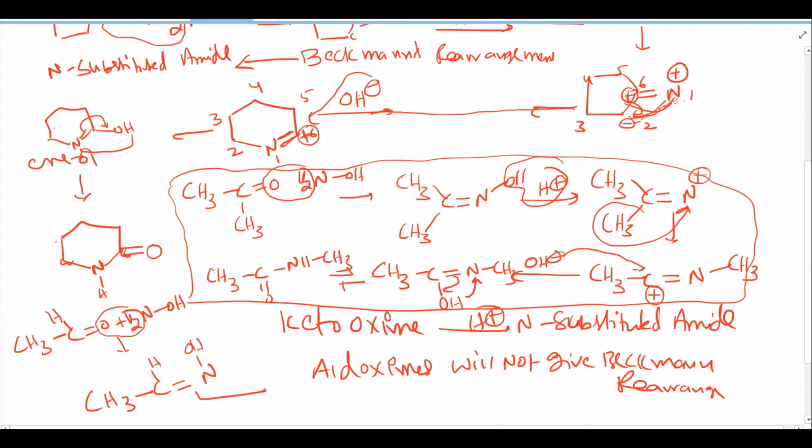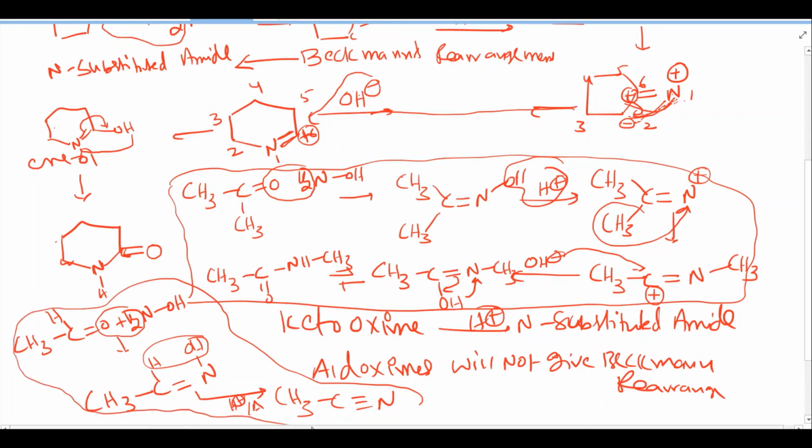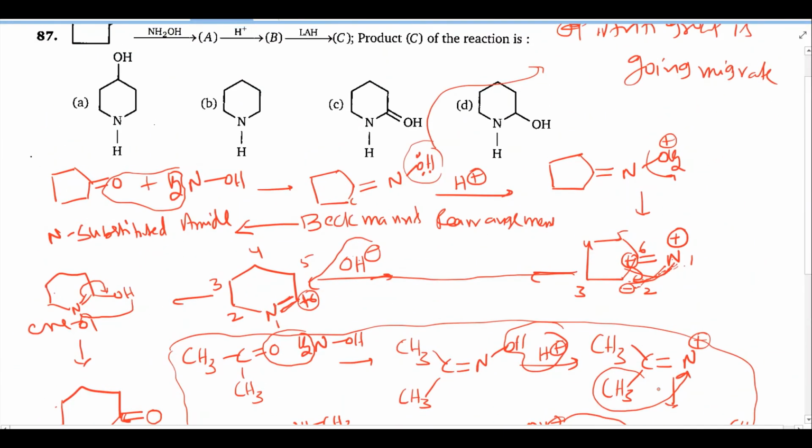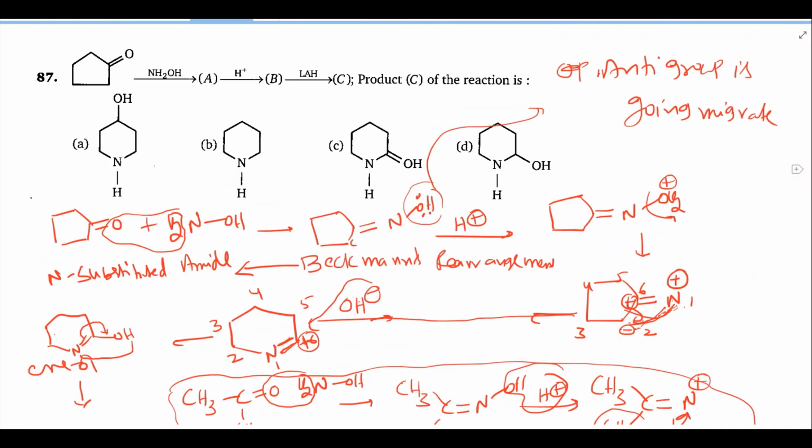This is treated with H plus acid, immediately water is eliminating and forming CH3CN, but it won't give an N substituted amide. That's why aldoximes will not give Beckmann's rearrangement. So this is the detailed explanation for question number 87.